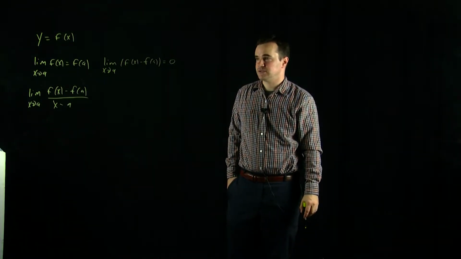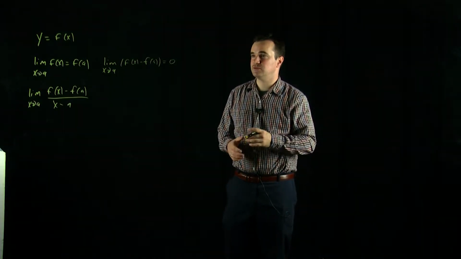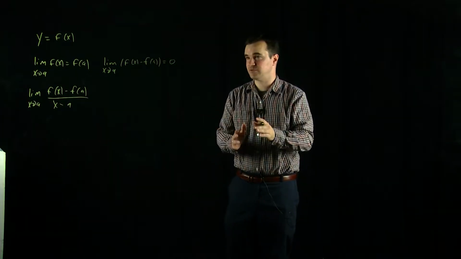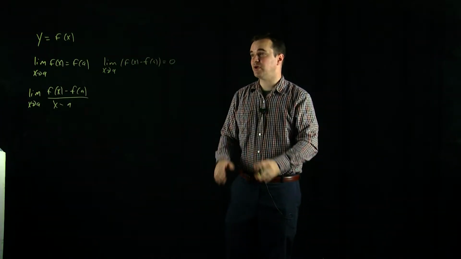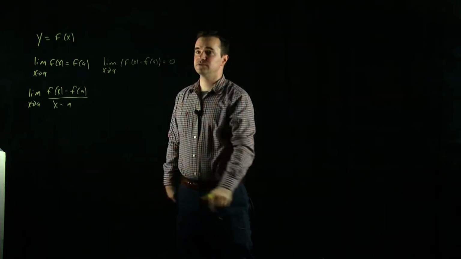And how can I do this? One of the things that we do all the time is this idea of multiplying by the number 1 or adding the number 0. Here I'm going to multiply by the number 1 because this is exactly the numerator of the difference quotient.